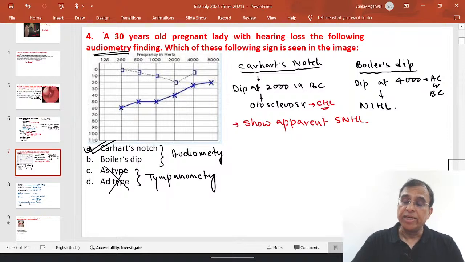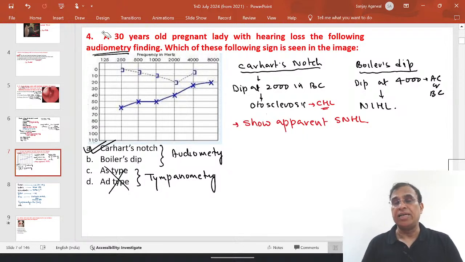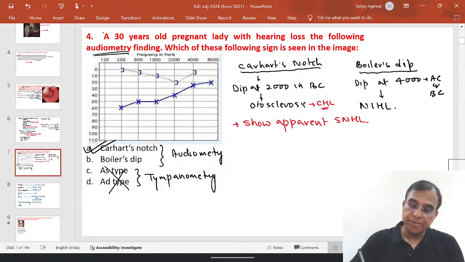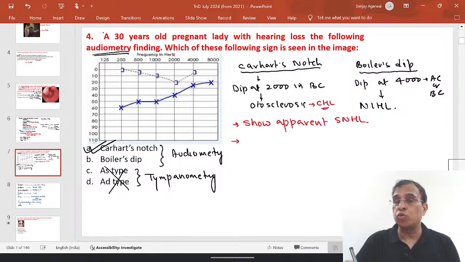That's why it is trying to show there is SNHL, but actually there is none. That's the meaning of apparent SNHL. Carhart's notch is showing apparent SNHL, and it is not a true reflection of the hearing loss. In a way, it's a liar, it's lying, right?